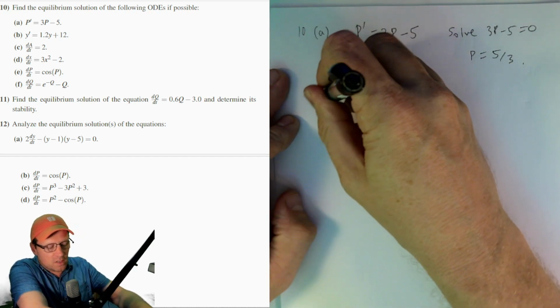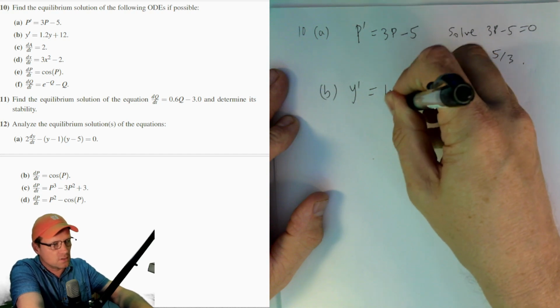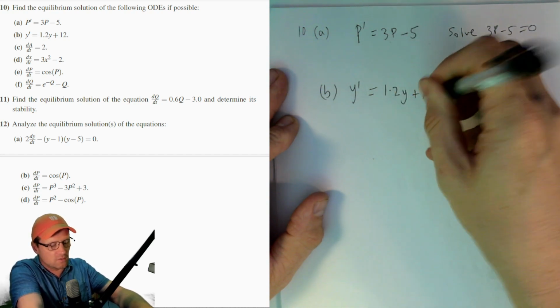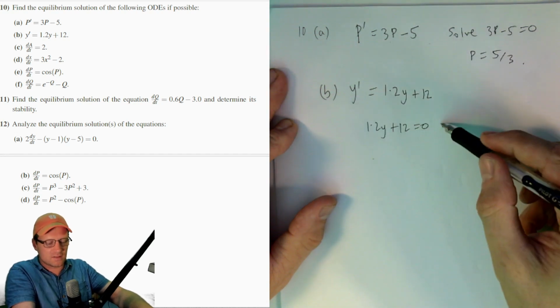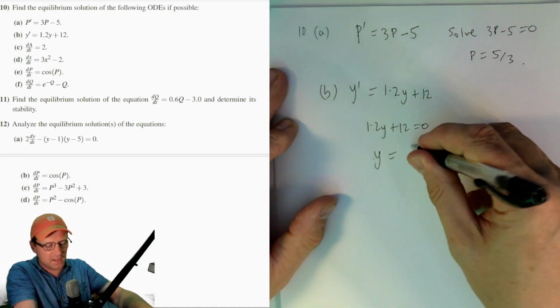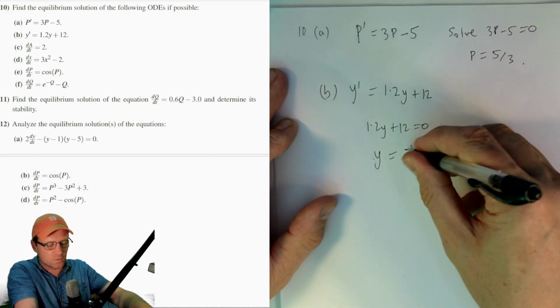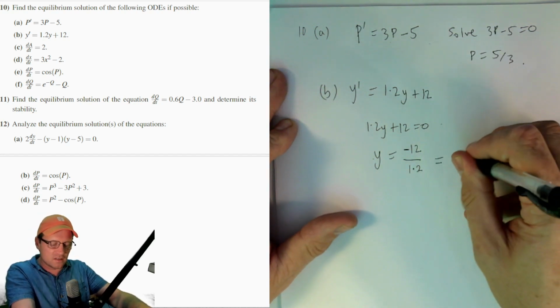Okay, so part B, y dash equals 1.2y plus 12. Okay, so we solve this equals 0. Take this over to the right-hand side, divide by 1.2, so we have y equals minus 12 over 1.2, which is minus 10.